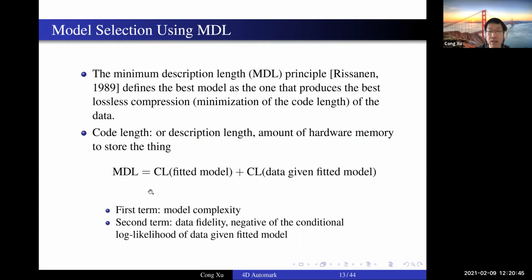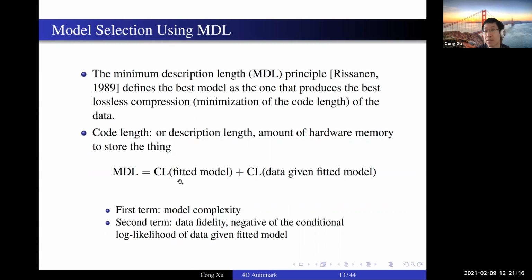For different models, they may have different code lengths to encode these models, and also different code lengths for the data given the fitted model. Therefore, we can compare different models based on this MDL, and the model with smaller MDL is better than the other. Now let's look at some details about this criteria.